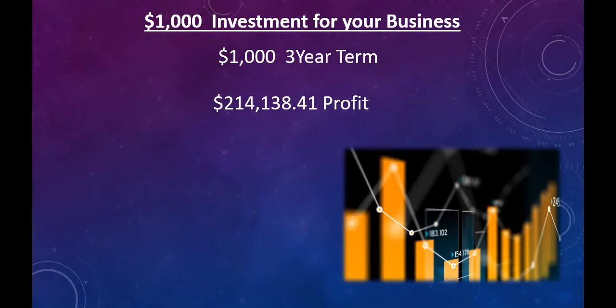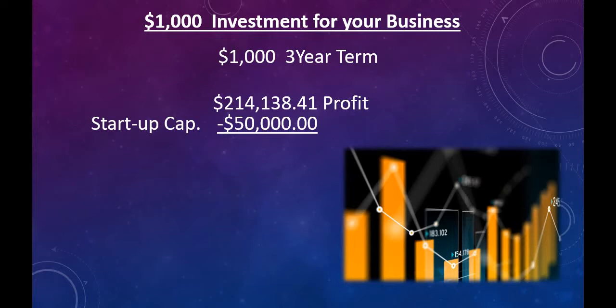So we're going to do a $50,000 startup. After 3 years of compounding $1,000 at 3.5% every week, that's your profit.